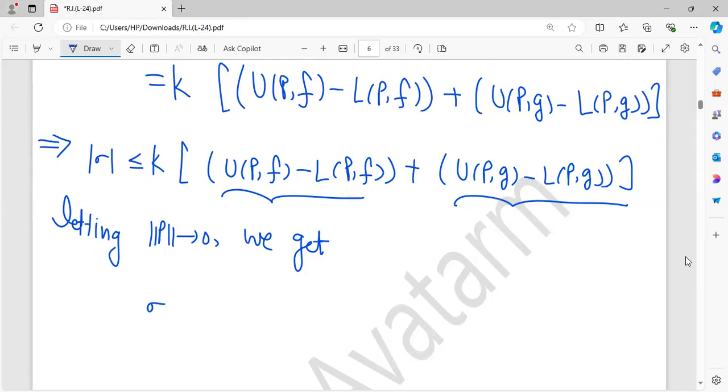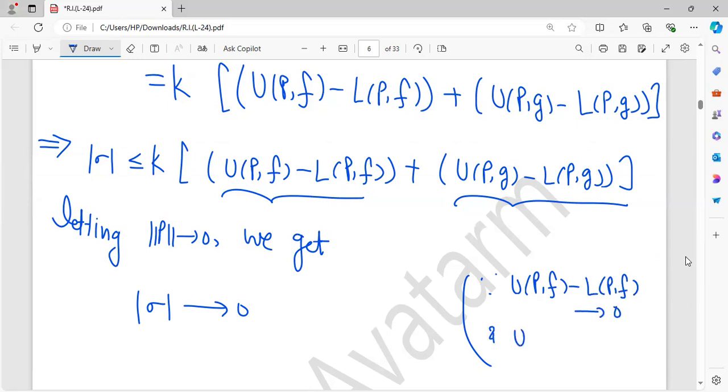So we get that this tends to 0 because UPF minus LPF tends to 0 and UPG minus LPG tends to 0 as norm P tends to 0.